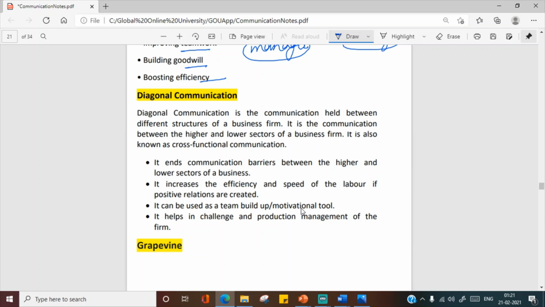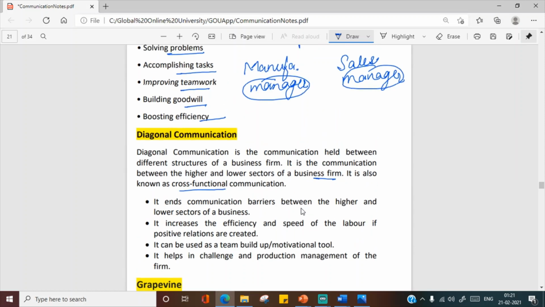Next is diagonal communication. It is the communication held between different structures of a business firm. It is the communication between the higher and lower sectors of a business firm, also known as cross-functional communication. Let's take this example only: a manufacturing manager is talking to a team member of the sales team.